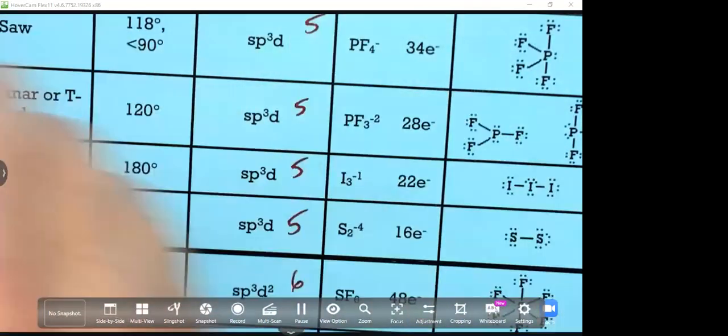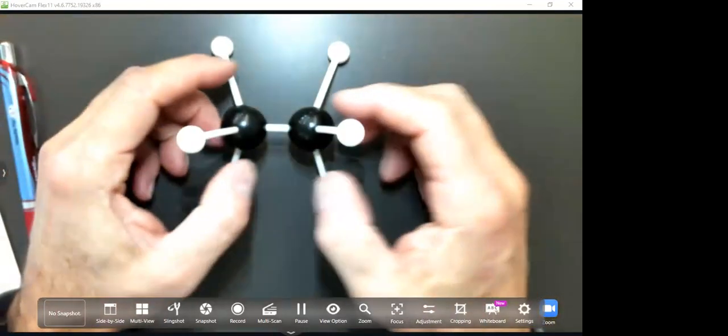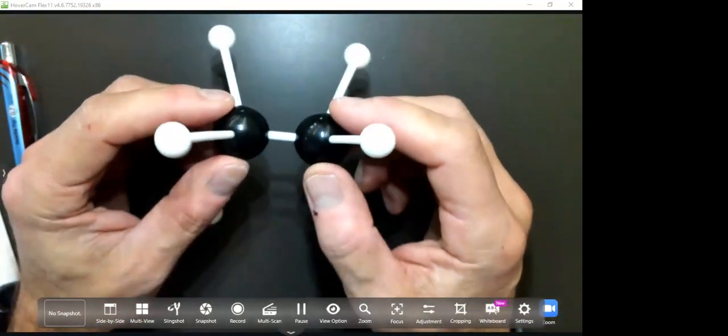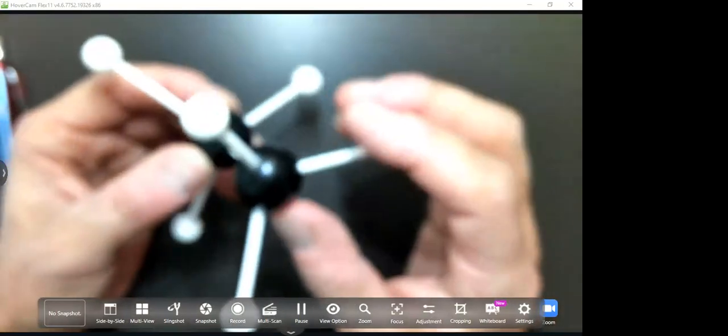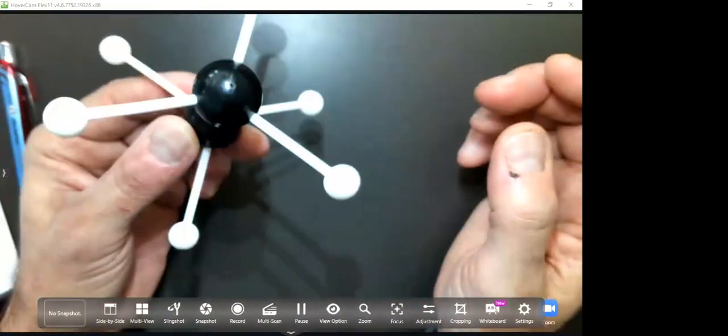Okay. We are going to look at that. In fact, you're going to see 2 carbons. The first video I'm going to show is 2 carbons that both are sp3 hybridized. That is this structure. Carbon-carbon single bonds.